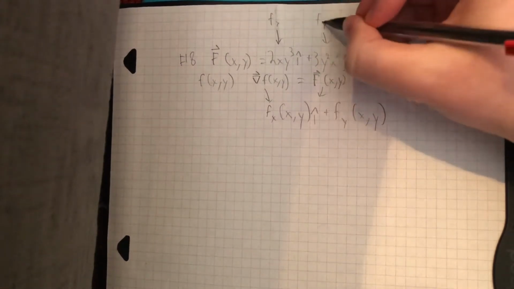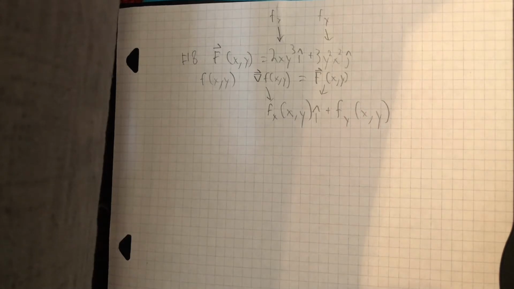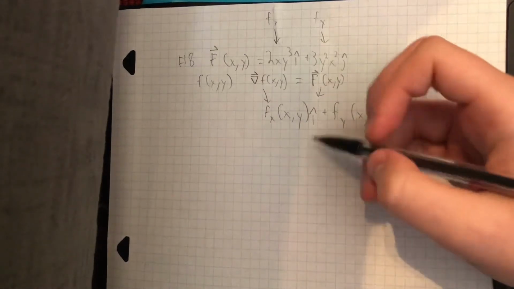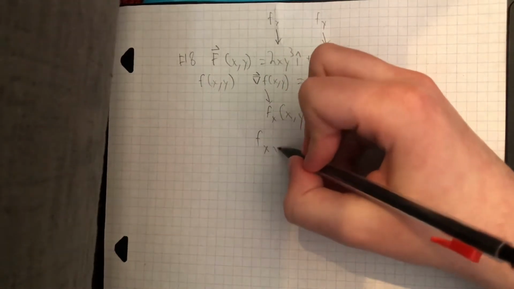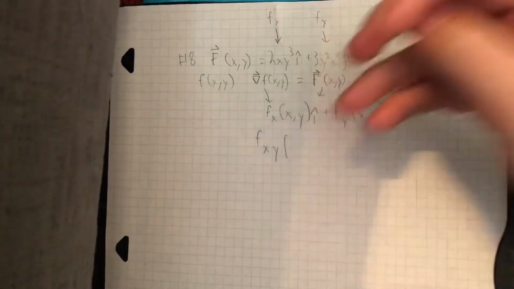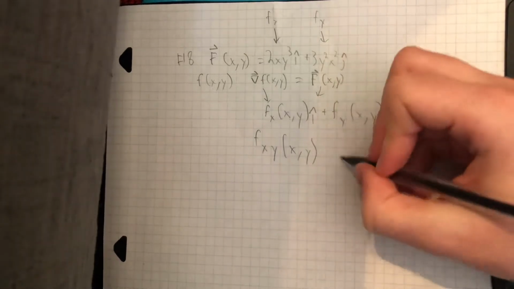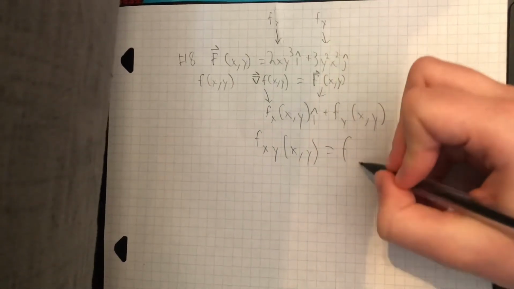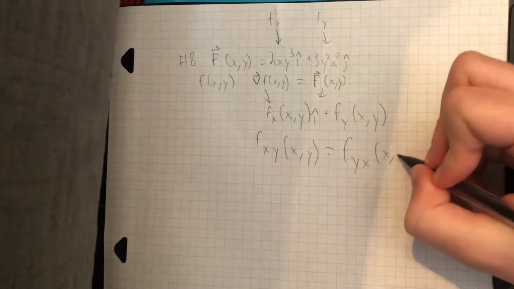Now, there's a couple different ways to define what we're going to be using here, which is the cross-partial property of conservative vector fields. The textbook does it one way. I'm going to do it a way that helps me remember it, which is that generally the partial derivative with respect to x and then y of f is almost always equal to the partial derivative with respect to y and then x of f.